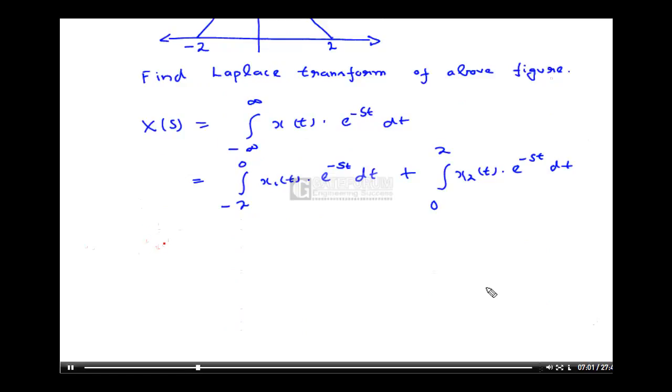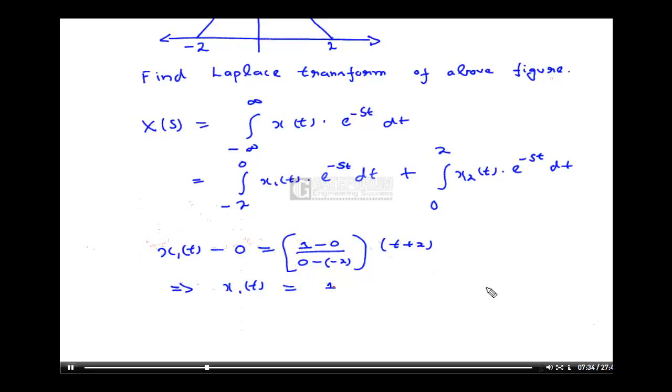Use the formula for the equation of a line. I'll get something like this: x1(t) minus 0 equal to (1 minus 0) upon (0 minus minus 2) times (t plus 2). This implies that x1(t) is equal to 1 upon 2 times (t plus 2).